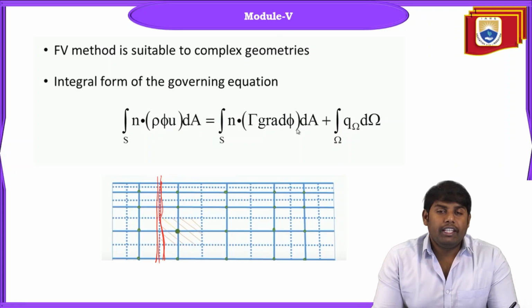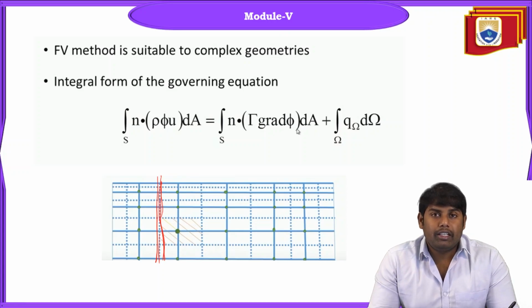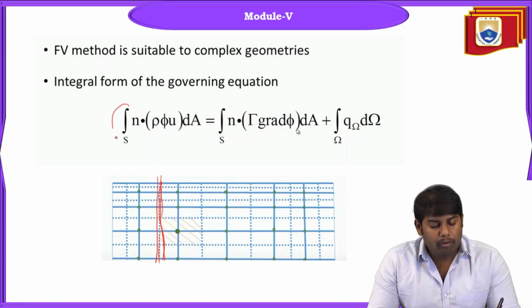Whether an FDM method or FVM method is able to predict the shock properly or not, and whether the integral form of the equation or only the differential form can be used to capture the shock or not, these things we are going to see.